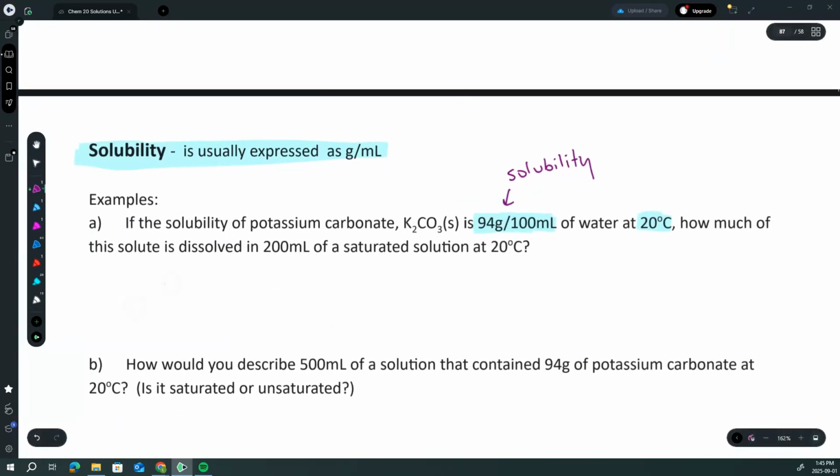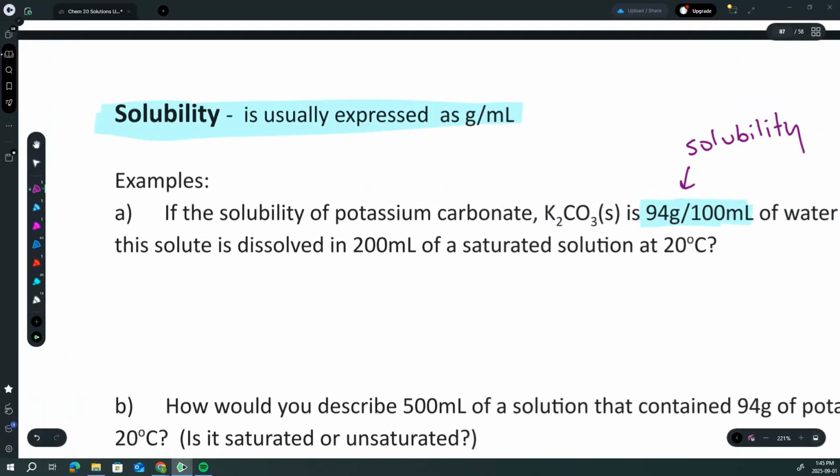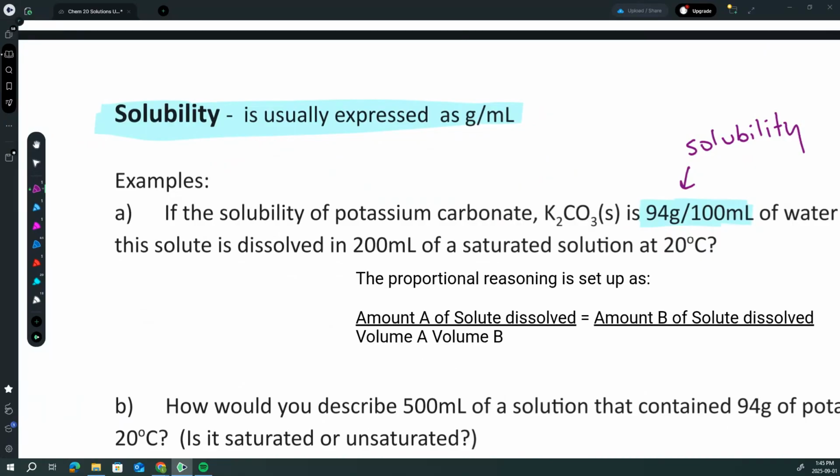Okay, so the easiest way to figure out these types of questions is to set up a proportional reasoning situation. So if we can dissolve 94 grams in 100 milliliters, basically we're asking how much can we dissolve in 200 milliliters.